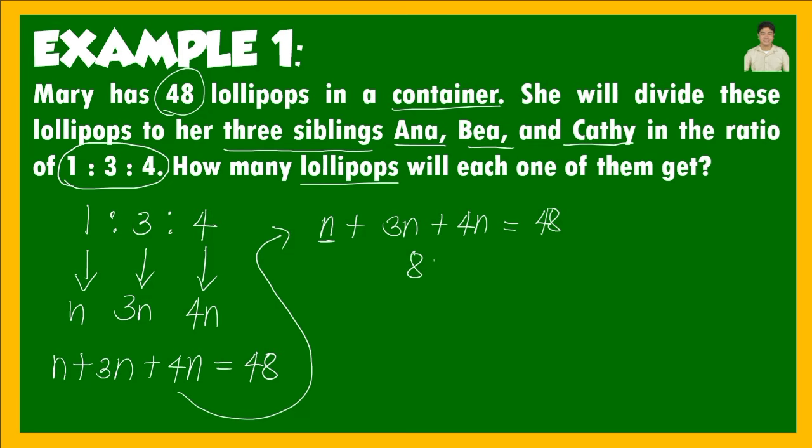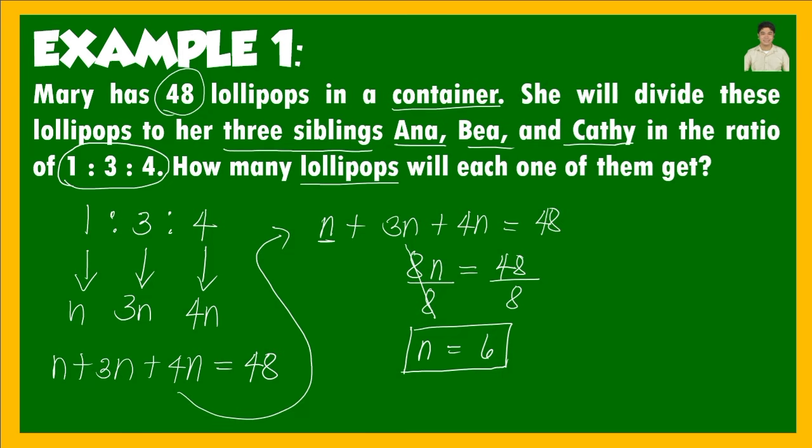So, 8n equals 48. Para mawala yung 8, kailangan nating i-divide yung both sides of the equation by 8. So, makakancel po yung 8. Matitira na lang po is n. And then, 48 divided by 8, the answer is 6. So, yung value ng n natin is 6.